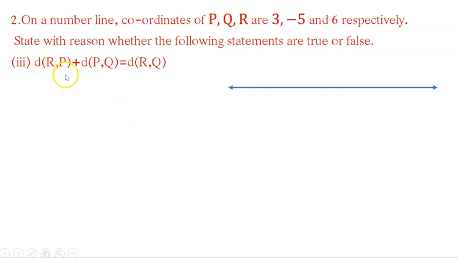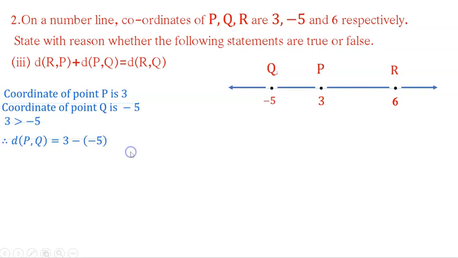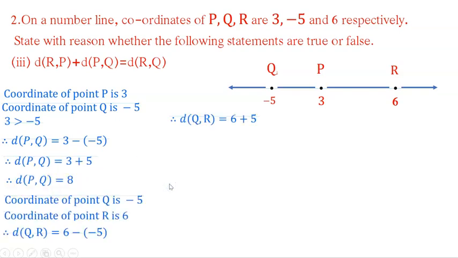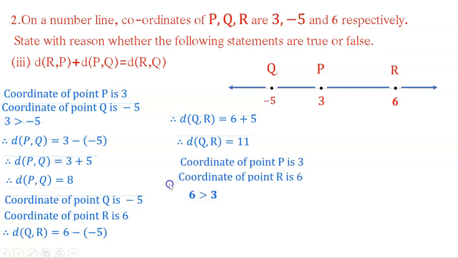Distance RP plus distance PQ is equal to distance RQ. Again, see these are points. First find out the distance PQ is 8. Distance QR is equal to 11 and distance PR is equal to 3. Substitute the values. Distance PR is 3.